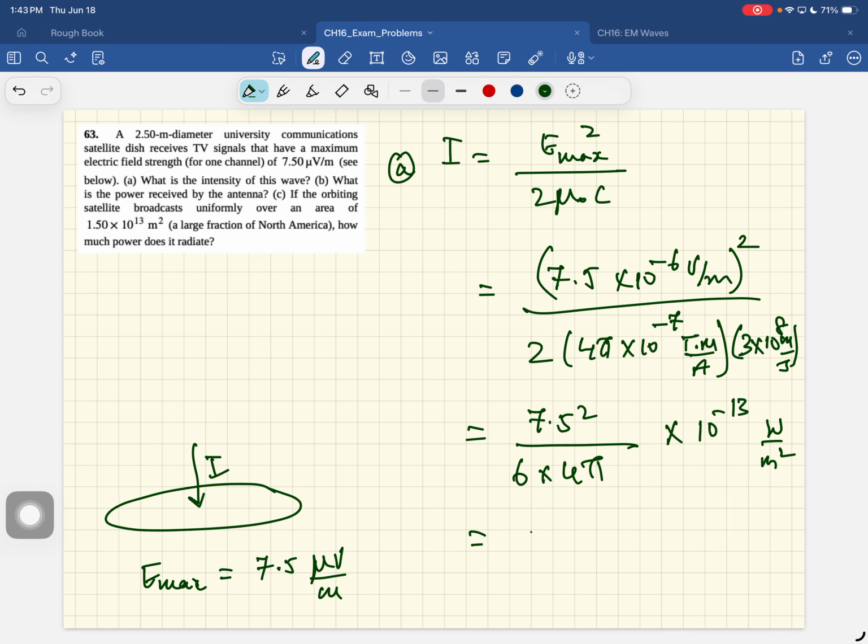I don't know where I am today. So the power is 1 watt. Pretty neat.